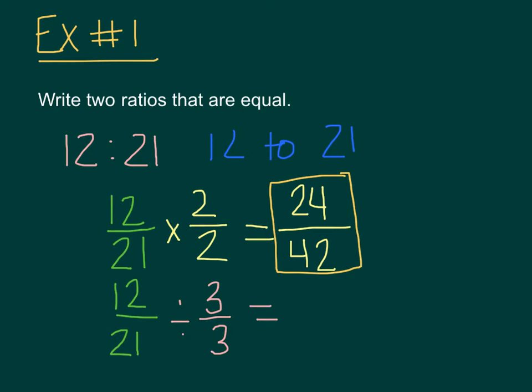And 12 divided by 3 is 4, and 21 divided by 3 is 7. So 4/7 is another equal ratio. So again, it's just like when we found equivalent fractions. You can multiply by any number you want, or you can divide if the numerator and denominator can both be divided evenly.